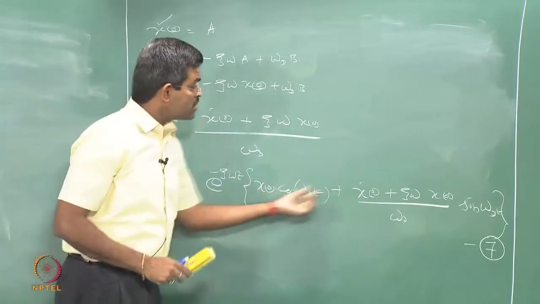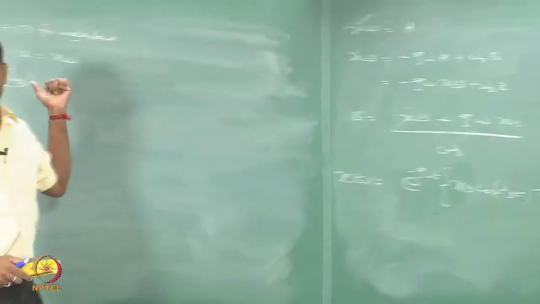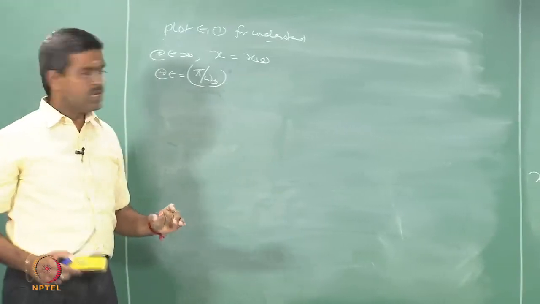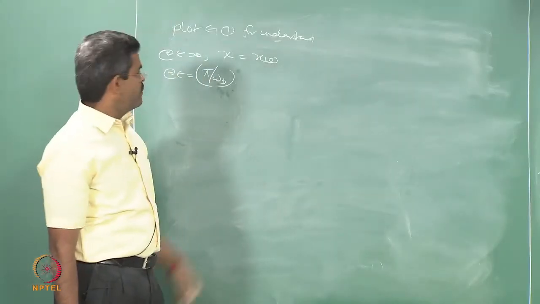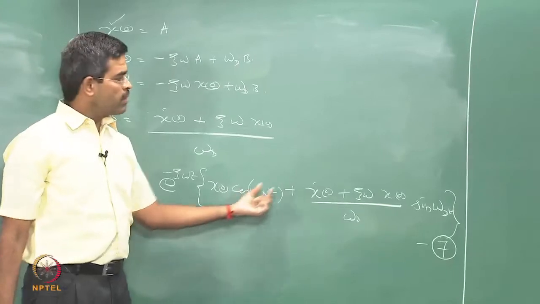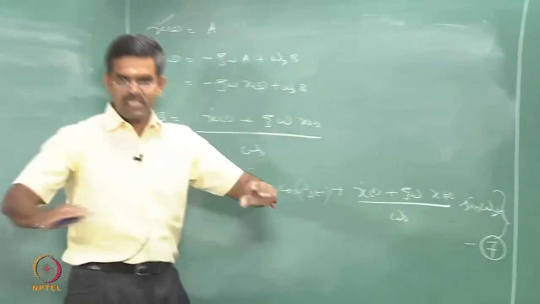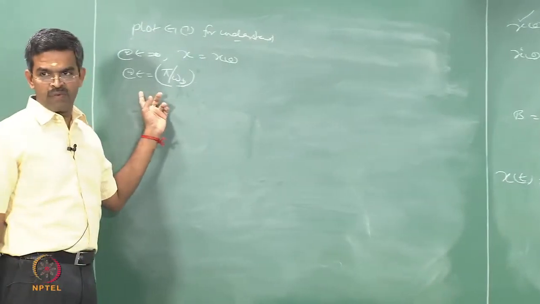I get cos and sine of multiples of pi, which will be easy for me to recognize in the mathematical function. Now, can you give me the value for this? If you substitute in here, you will see that this will become cos pi, this will become sin pi, and these values are very well established in trigonometric functions. It is easy to find the value of x of t. Can you give me the value?